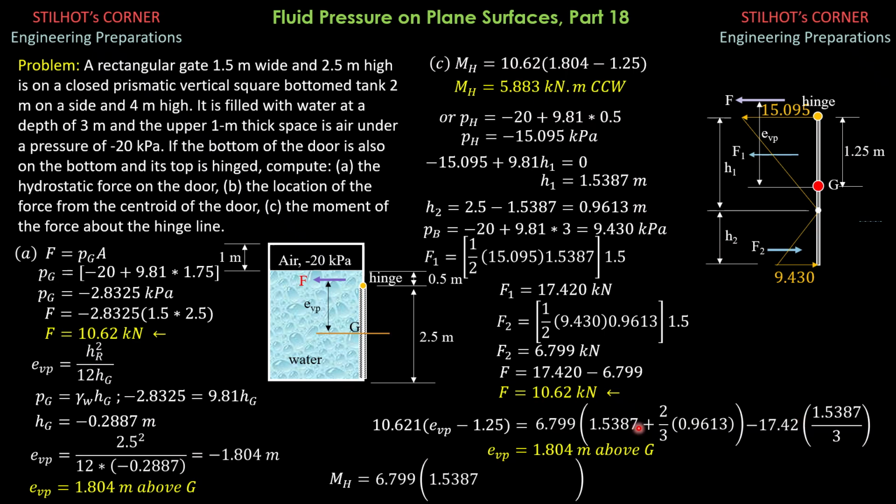So 6.799 times quantity 1.5387 plus 2/3 of 0.9613, then minus 17.42 times 1.5387 over 3. So the moment of that force about the hinge is 5.884 kilonewton meter counterclockwise. So there's a discrepancy of very, very small, that is practical. They are practically the same.